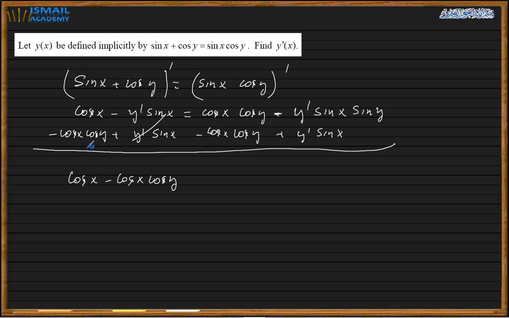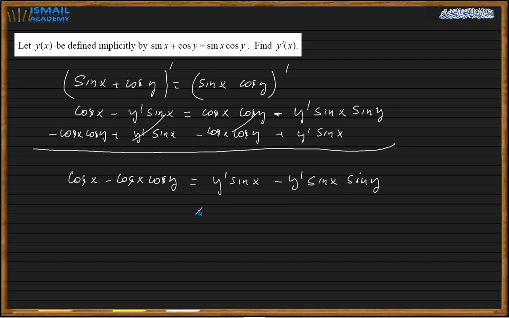Don't subtract the cosine. You see, those are not similar terms, they are different terms. Equal, and here I will have y prime sine of y minus y prime sine of x sine of y. They are not similar, so we don't subtract. Be careful, guys, because some students make that mistake. So please don't do that.